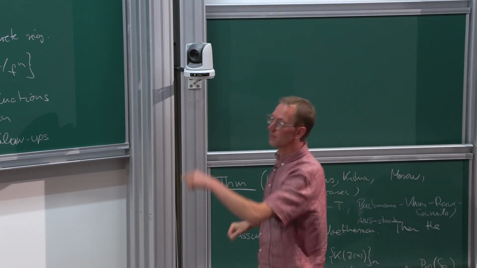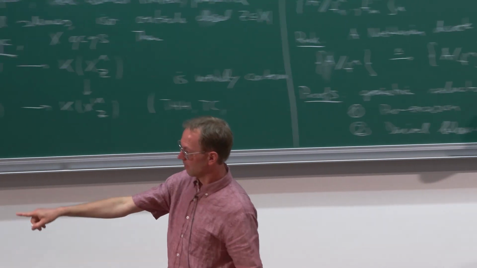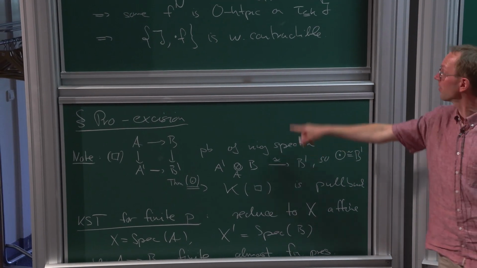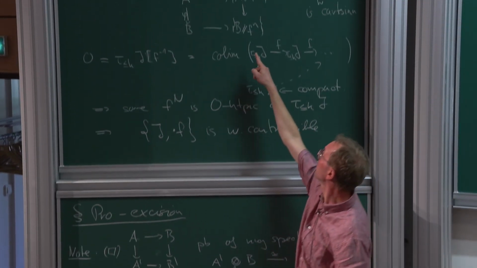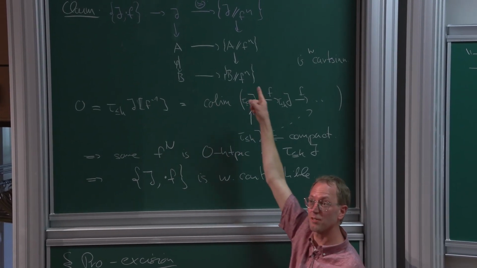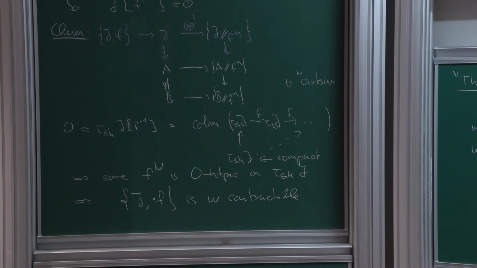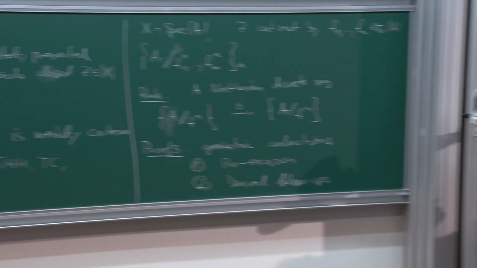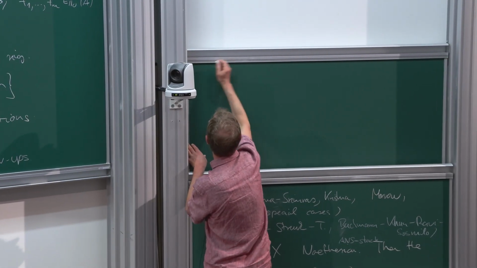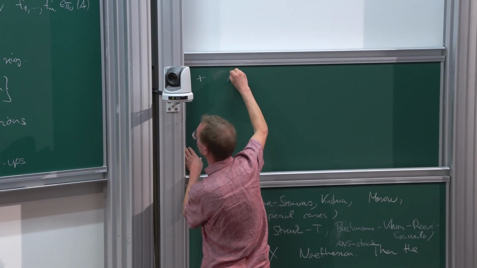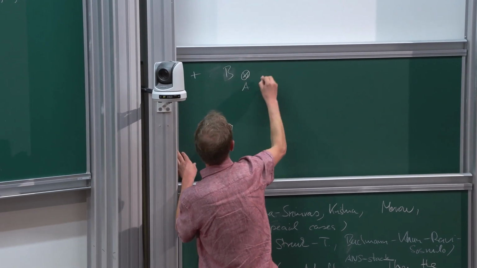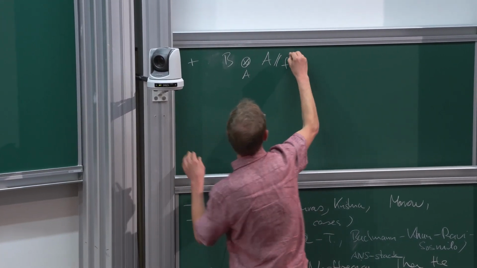Also, this other condition that we had here in this node is automatically satisfied because, by definition, this B mod f to the n is just the tensor product of the other things. So this is automatic. Plus, how did I write B tensored over A with this A mod f to the n?